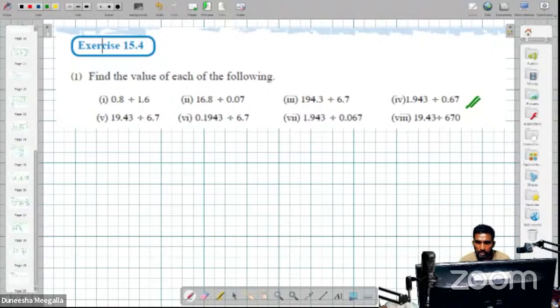After you finish the fourth one, raise the hand. Finished the fourth one. Ludisha, which one are you doing? Fourth one, sir. Okay. Naduli? Fourth one, sir. Thisasna? Sixth one, sir. Okay.